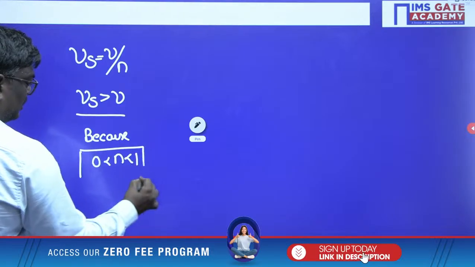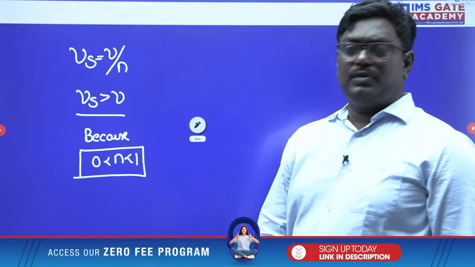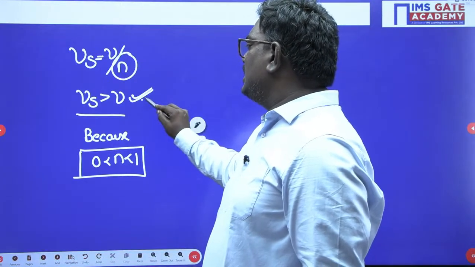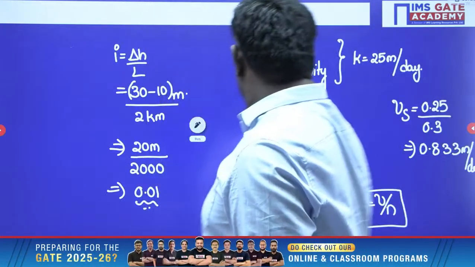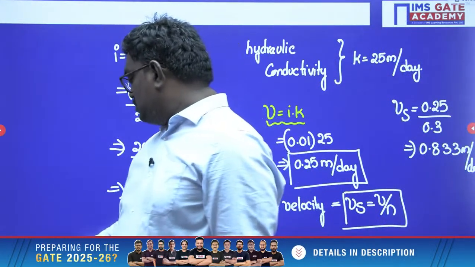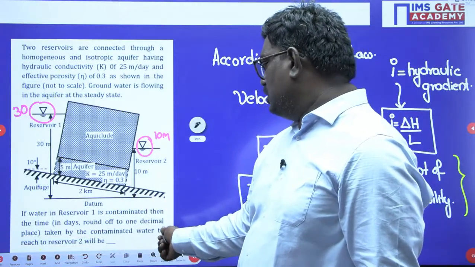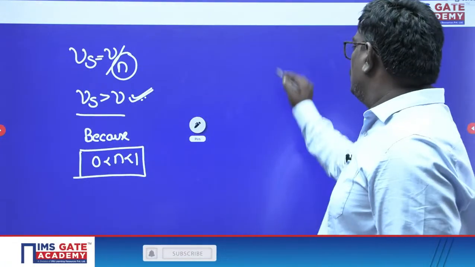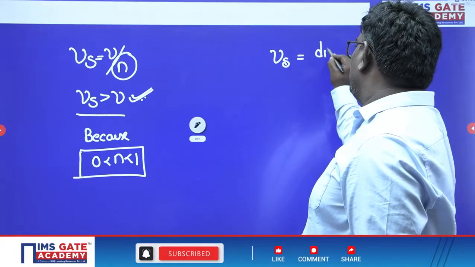Once the denominator is less than 1, seepage velocity is always greater. You got seepage velocity as 0.833. Now what is he asking? The water in the reservoir is contaminated, then the time taken by the contaminated water to reach the other reservoir. So you know seepage velocity is equal to distance upon time.